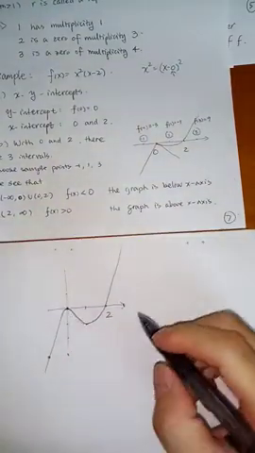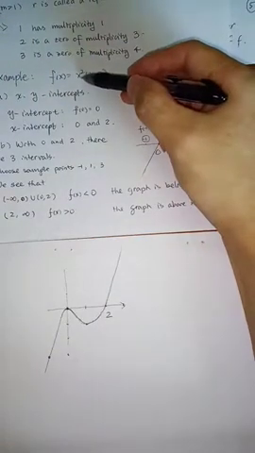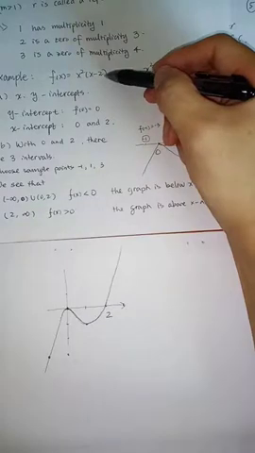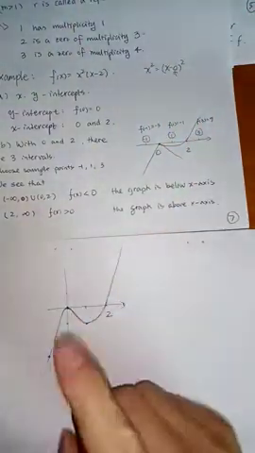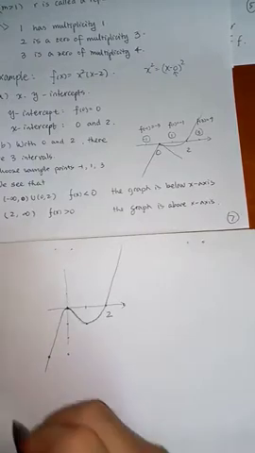Remember that 0 has multiplicity 2 and 2 has multiplicity 1. So from this example, we have a hypothesis, or a hint.